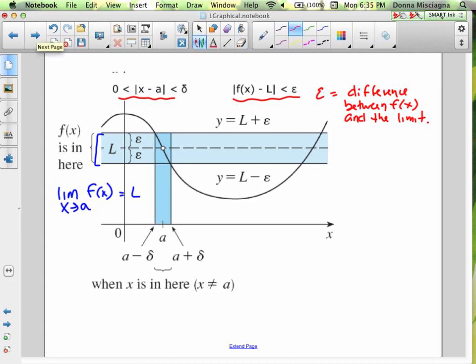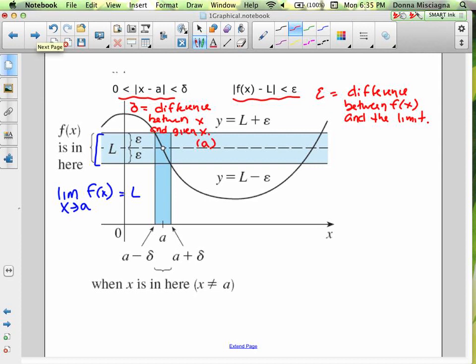This part here, this is delta. I don't always draw that very well. Oh, mine goes the other way. That's right. So delta here is the difference between x, any x, and our given x. In this case, our given x in our diagram here is a.